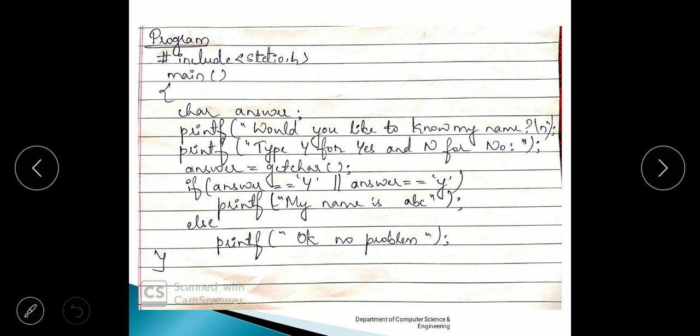So when I ask a question like, would you like to know my name? The answer would be yes or no, right? So I have to tell the user to type Y for yes. If the answer is yes, then press the Y button, otherwise press N for no. If the answer is no, press the alphabet N. If the answer is yes, press the alphabet Y. So that input will be stored where?